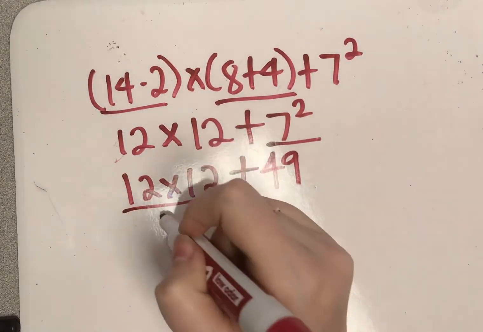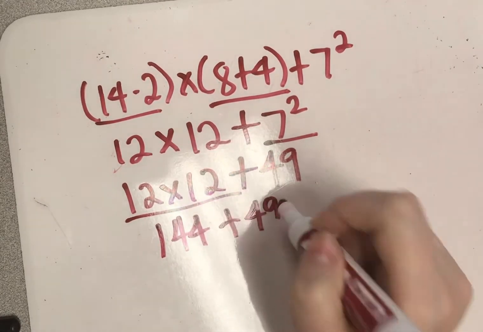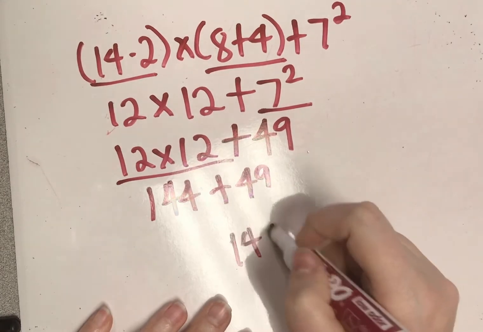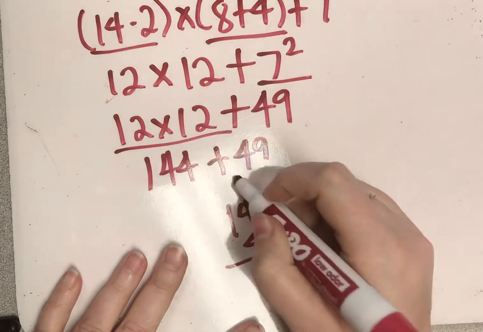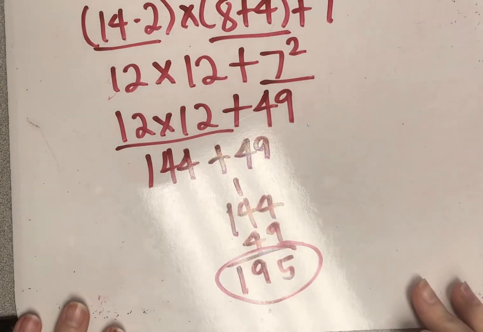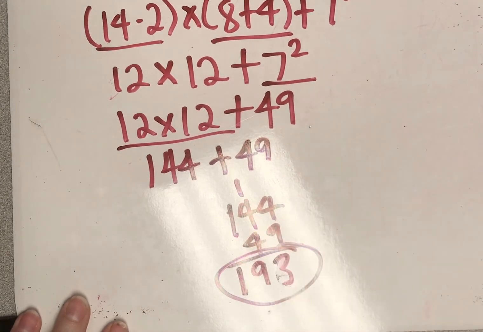So 12 times 12 is 144 plus 49. So you can add those up. Ta-da. Oh, I'm wrong. There we go.